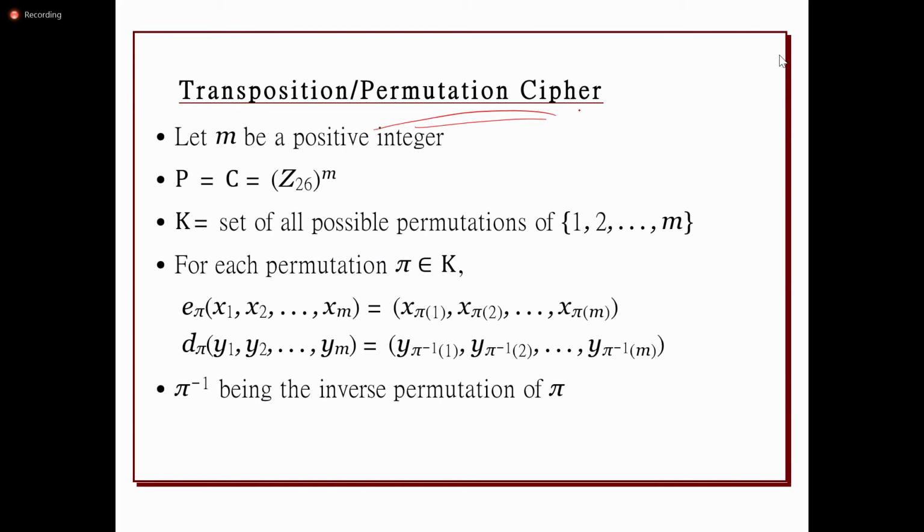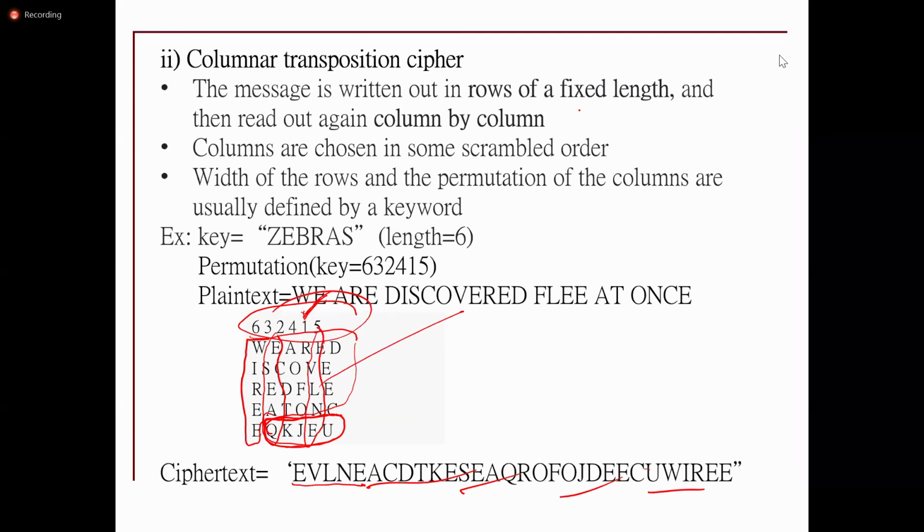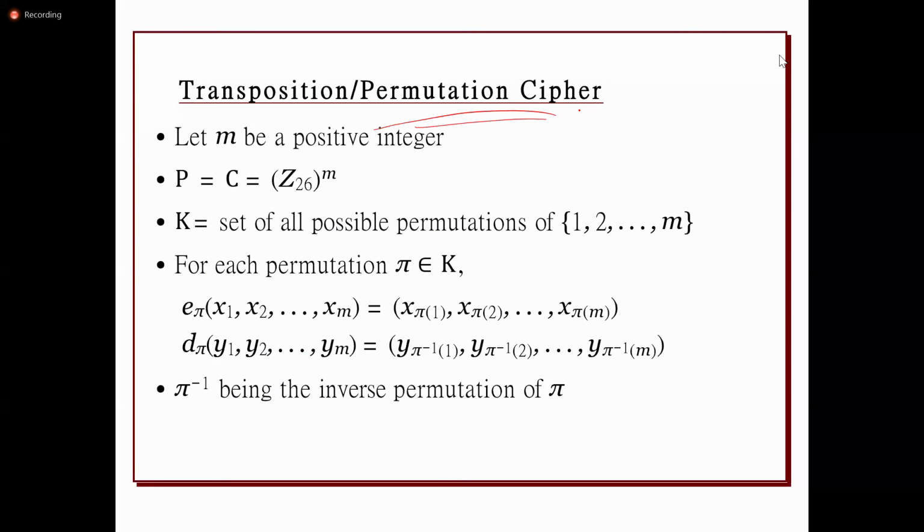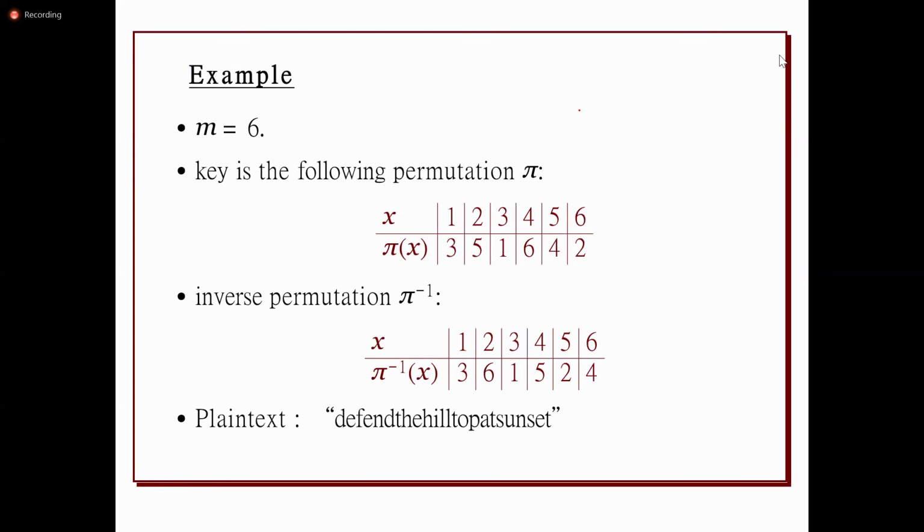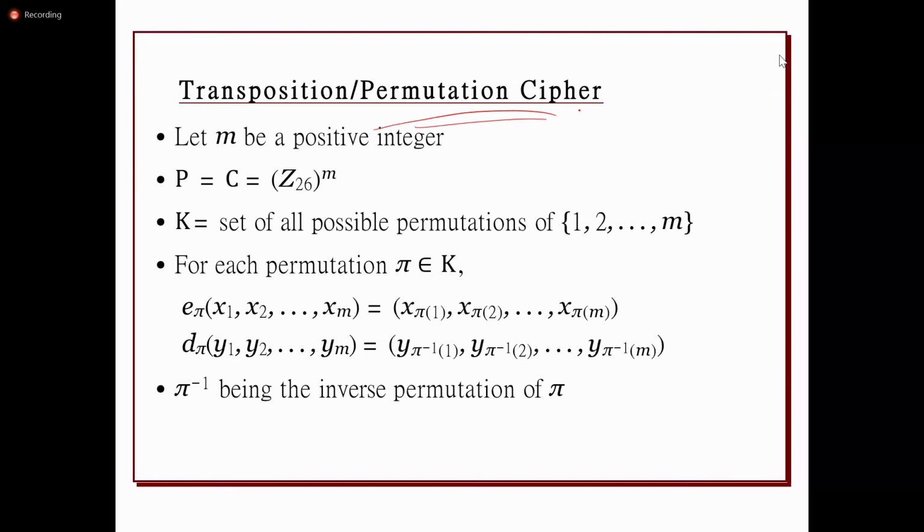So there is another method. Instead of using the rail fence, or instead of using the entire plain text in a matrix format, simply we can take some permutation. The entire plain text will be divided into some number of blocks, and then each block will be encrypted using the key.